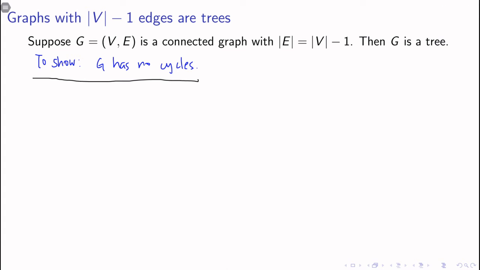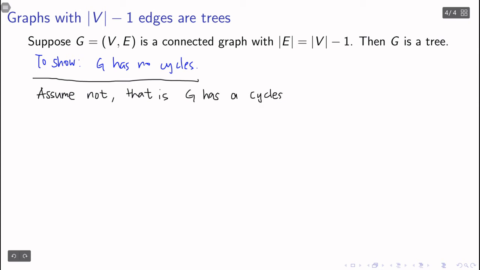So let's try to do it by contradiction. Assume that G has a cycle. We want to prove G has no cycles, so let's assume that it has at least one.